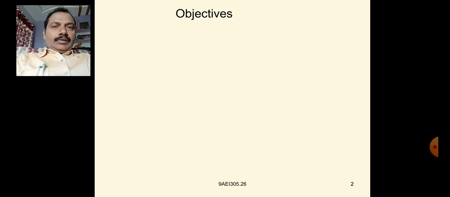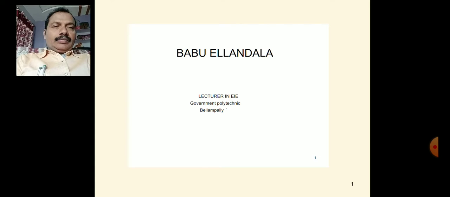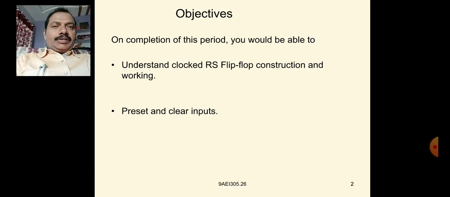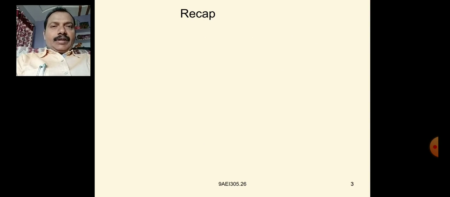So, the objective of this lesson is construction and working of RS flip-flop, and the purpose of preset and clear inputs, JK flip-flop construction and working, and the race around condition which is available in JK flip-flop also we will discuss.